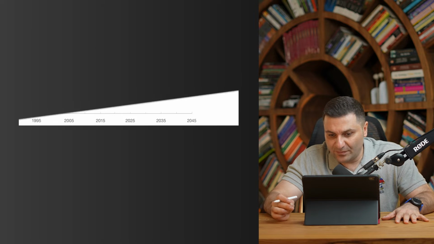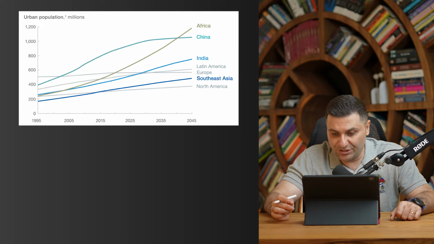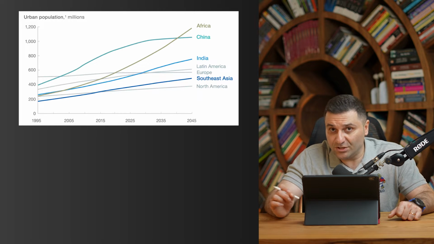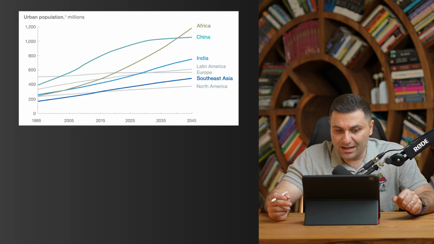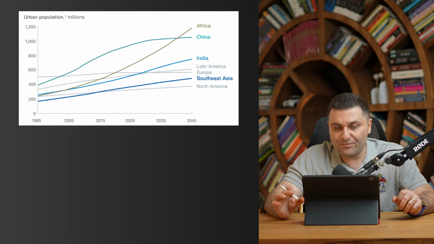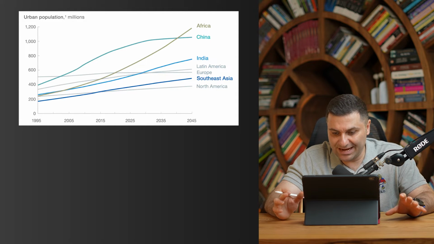Now let's take a look at a sample line graph here. It is urban population of different countries like Africa, China, India, Latin America, Europe, Southeast Asia, and North America. All right. And it includes both past and future data. So we have 1995, 2005, and 2015.